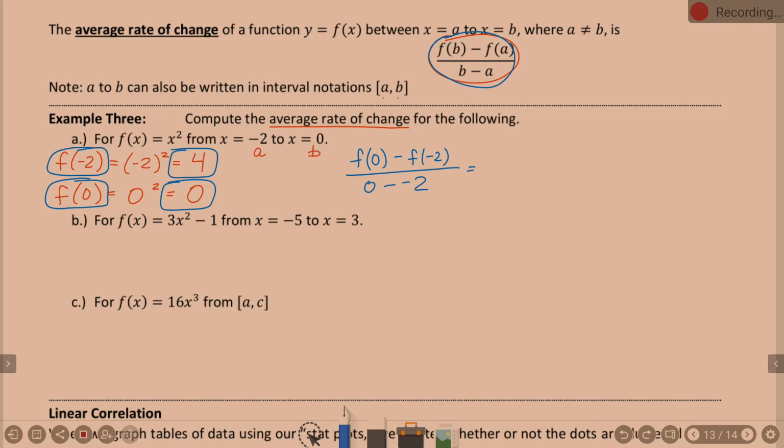Fill in the numbers. What was f of 0? We found f of 0 to be 0, minus, what's f of negative 2? 4, over 0 minus negative 2. All I did was fill in the formula. Do the math.